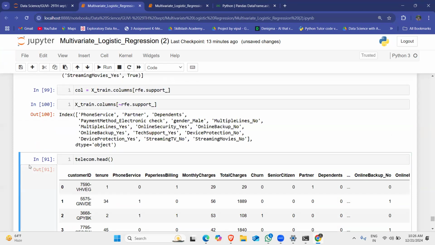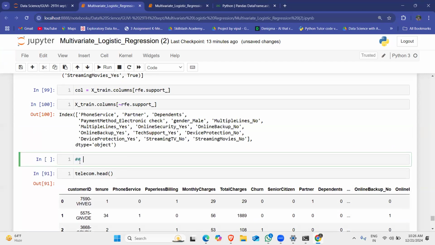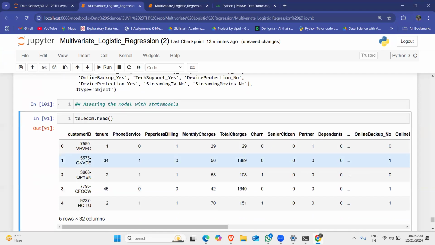And let us try to assess the model with statsmodels.